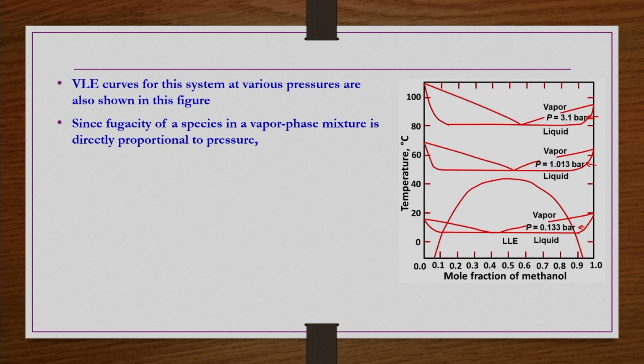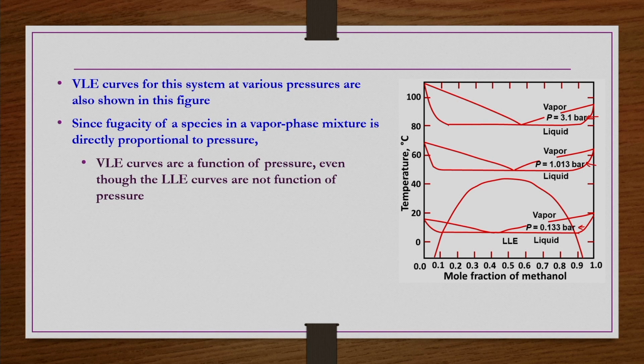Since the fugacity of species in the vapor phase mixture is directly proportional to pressure, VLE curves are a function of pressure, even though LLE curves are not a function of pressure. In the case of the vapor phase, the fugacity of species is directly proportional to the pressure.